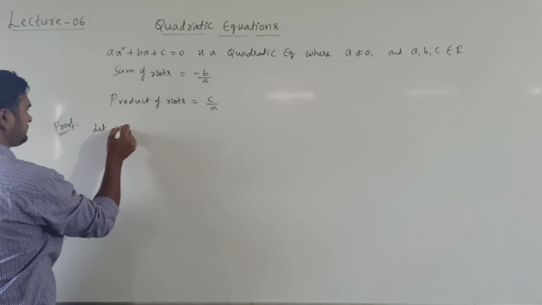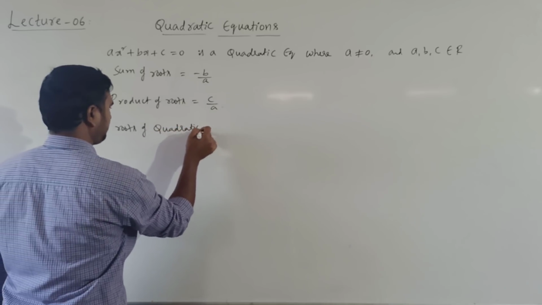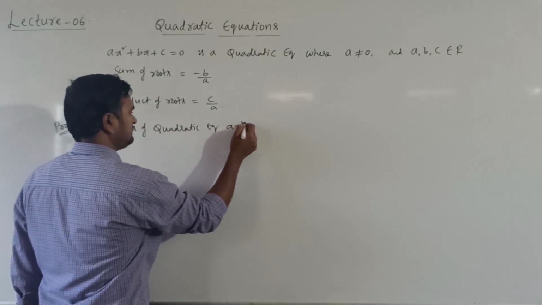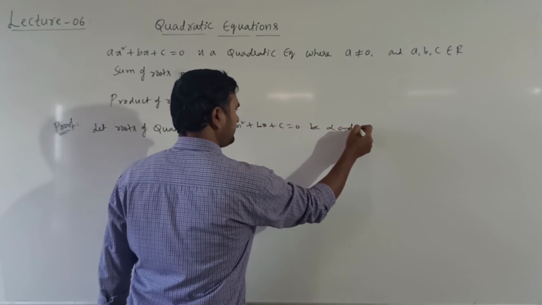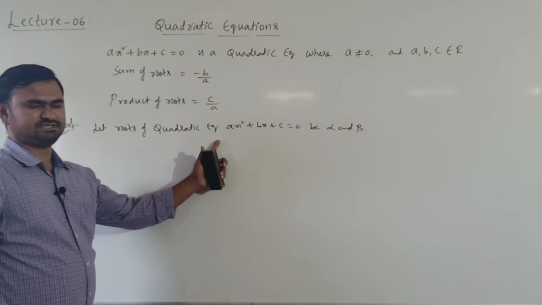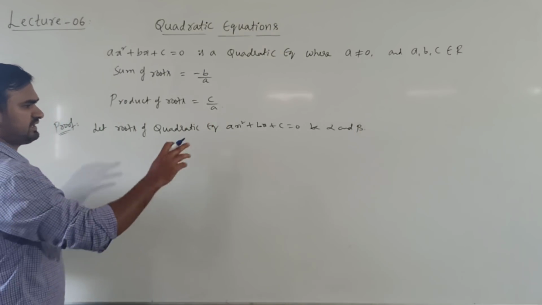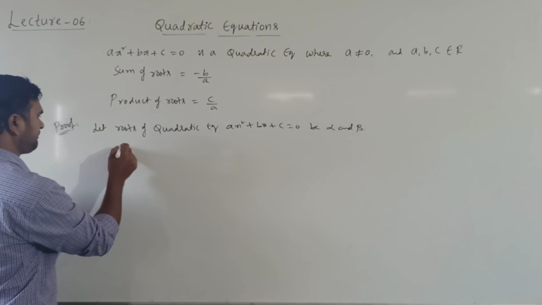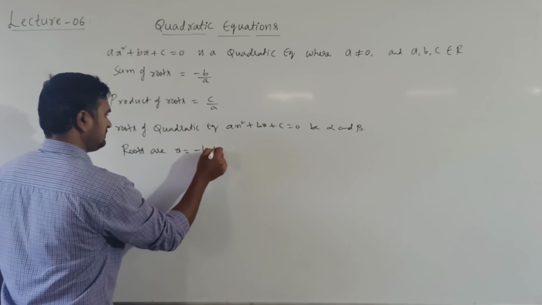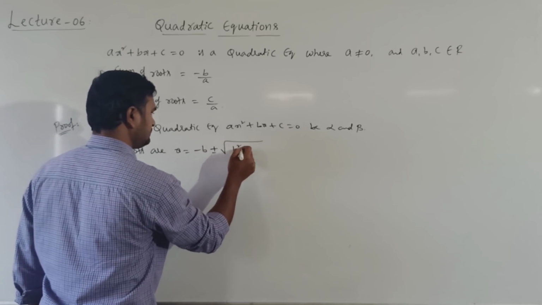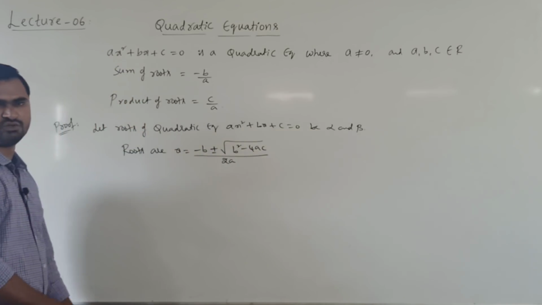Let the roots of the quadratic equation ax square plus bx plus c equal to 0 be alpha and beta. So how can I write the alpha and beta values here? Roots are x equal to minus b plus or minus root of b square minus 4ac divided by 2a. This is what we call the roots formula.